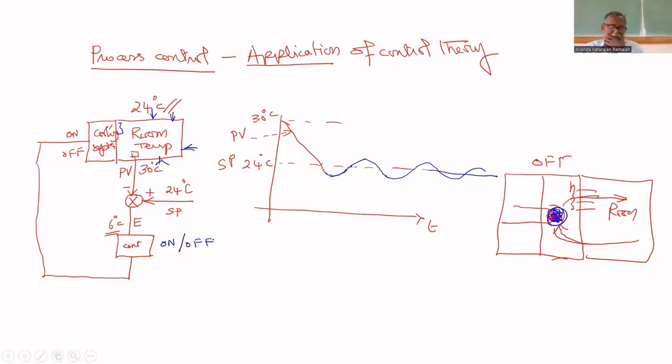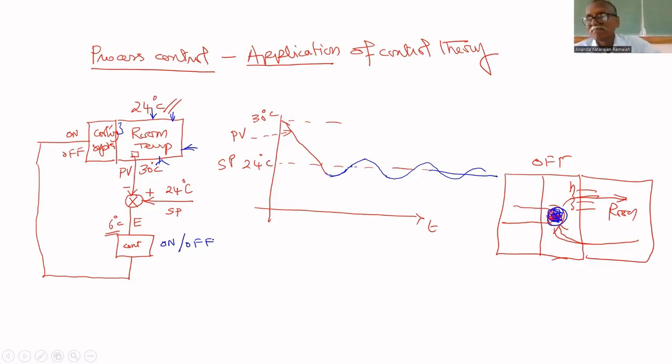If you put an on-off controller, it will always oscillate around the set point and never settle at it. What is our aim? We want to settle at 24, but it never settles. Have you seen an on-off controller anywhere?